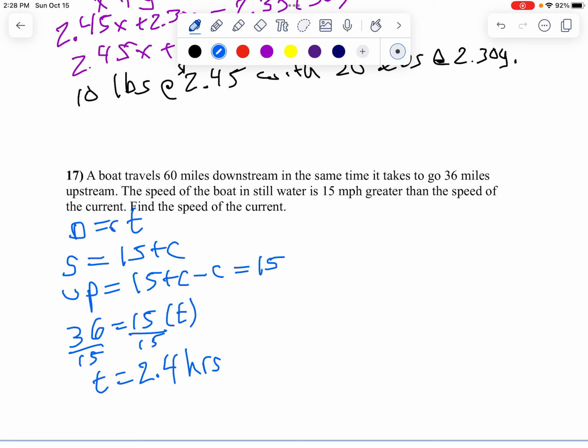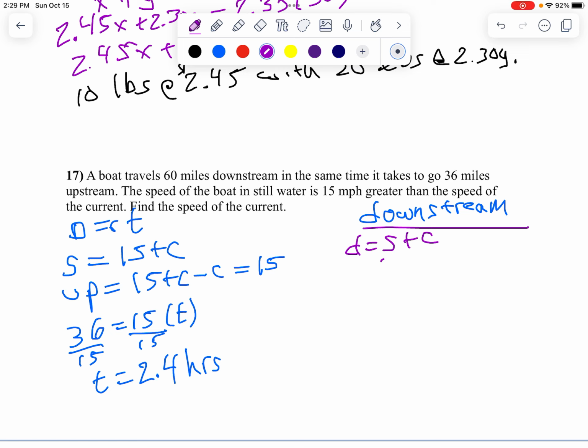Now let's take a look going downstream. Change colors here so we can see it. So going downstream, we know our speed is going to be our speed in still water plus the current.